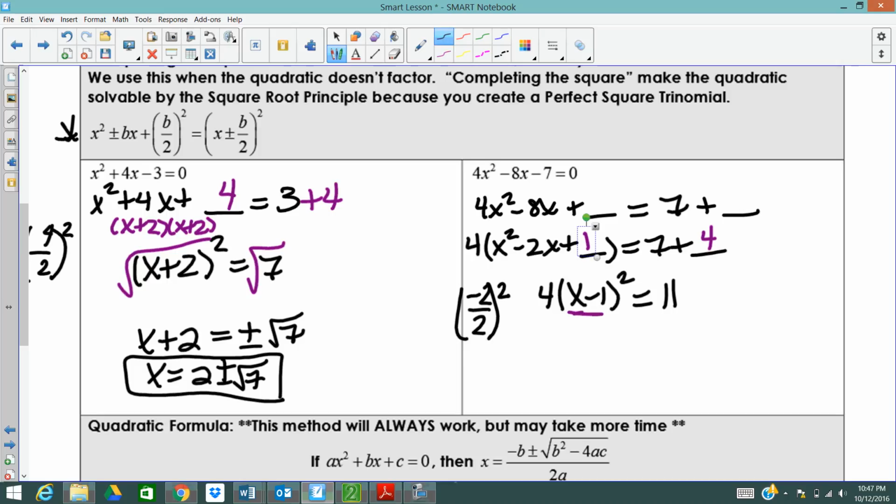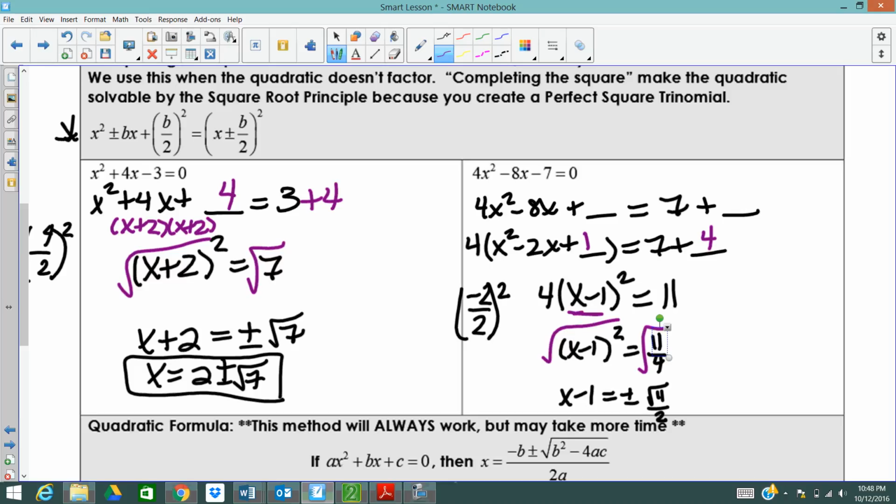So now I'm going to isolate the square, so divide both sides by 4. So we get the quantity x minus 1 squared equals 11 over 4. Square root both sides. So we get x minus 1 equals plus or minus the square root of 11 over 2, because we get the square root of 11 over 4, but then that becomes the square root of 11 over the square root of 4, and the square root of 4 is a perfect square, so we get plus or minus the square root of 11 over 2.